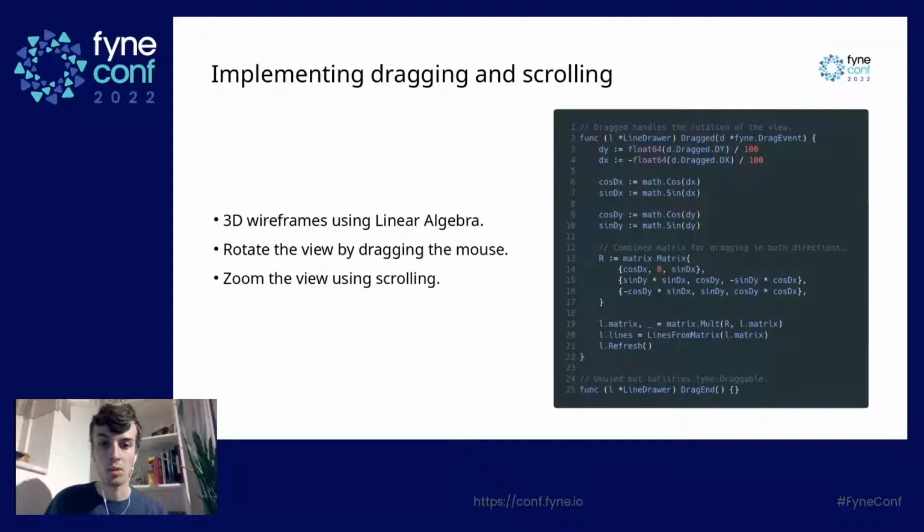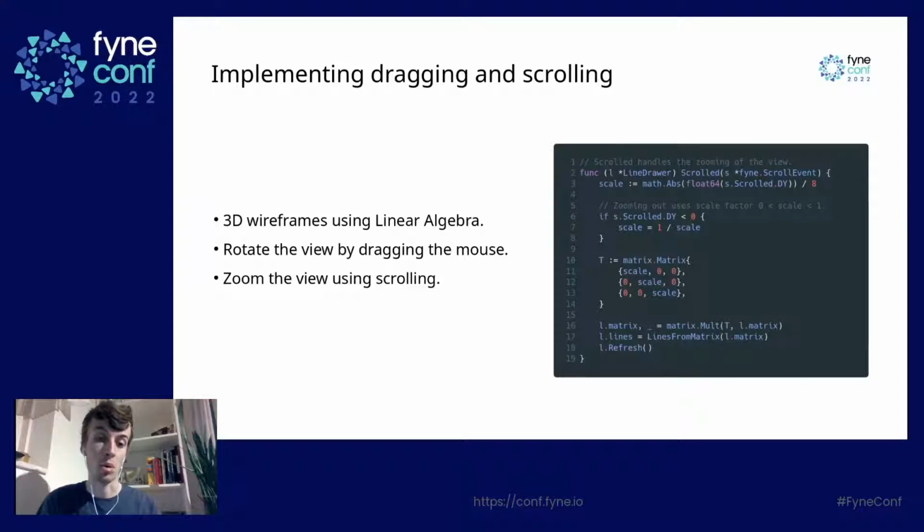And of course, as we showed before, the Fyne.draggable interface, I should say, has to implement 2 methods, dragged and drag end. And while we don't need drag end in this example to do anything, we need to add it to make sure that our widget satisfies the interface.